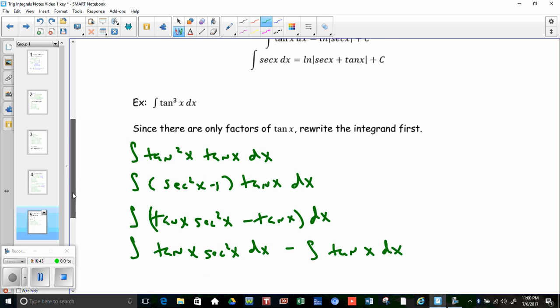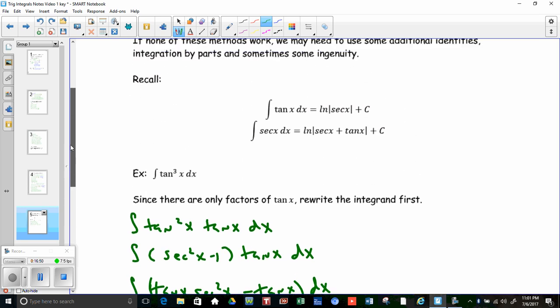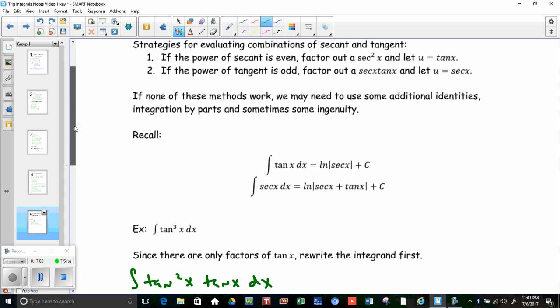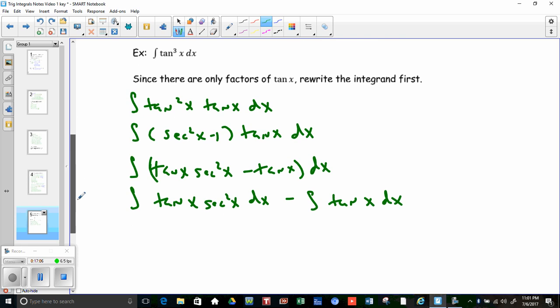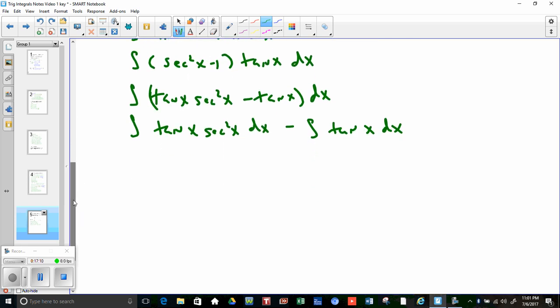This one on the left now has a combination of tangents and secants. And if we go back up to our criteria, let's see, we have an even power of secant. So if that's the case, we want to factor out a secant squared and let u equal tangent. Well, in this case, I don't really have any factoring to do because all I have is a secant squared. So this is a straight u substitution on the left piece.